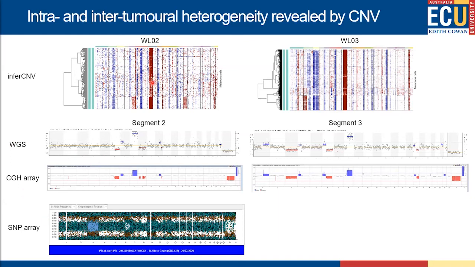But a SNP array of the segment 2 tumor clearly identified that there was an isodisomy of chromosome 3, which evolved from a primary with monosomy 3, as well as this other tumor in segment 3, and this one resulted in a doubling of the chromosome 3 unique copy.